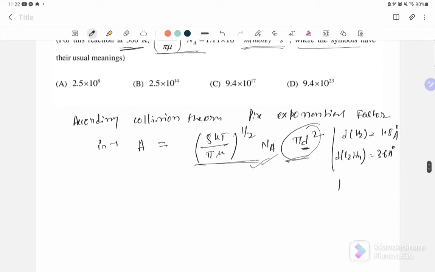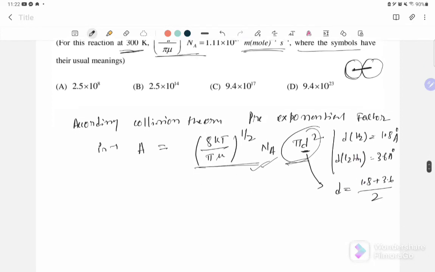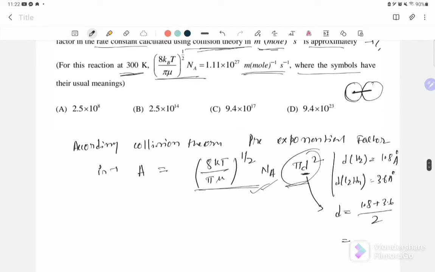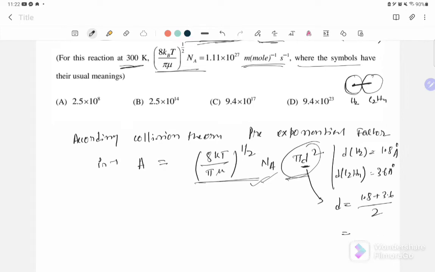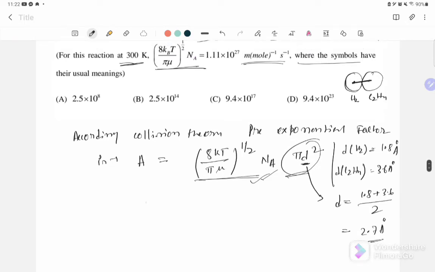So what will be the collision diameter here? It will be (1.8 plus 3.6) by 2, because if two molecules collide with each other, the collision diameter is half of the diameter of one plus half of the other, half of H2 and half of C2H4. That is 2.7 angstrom.